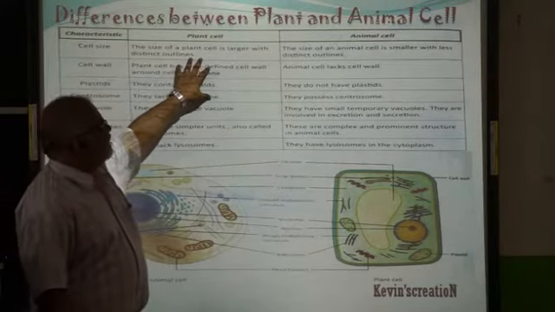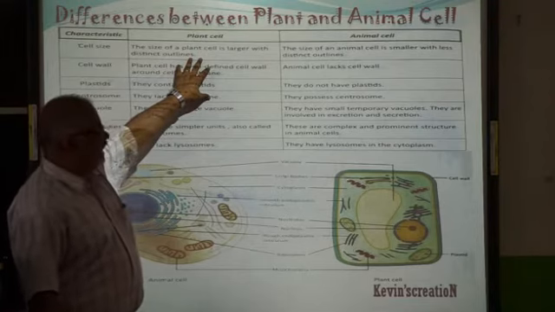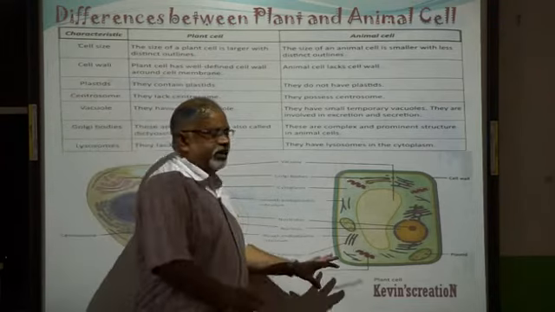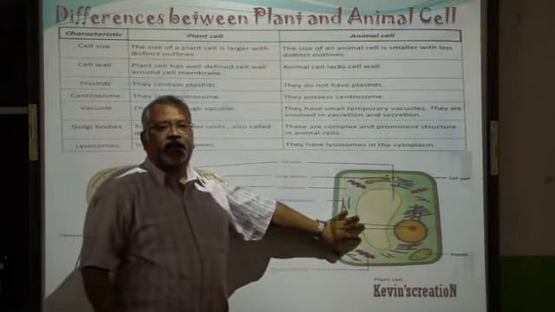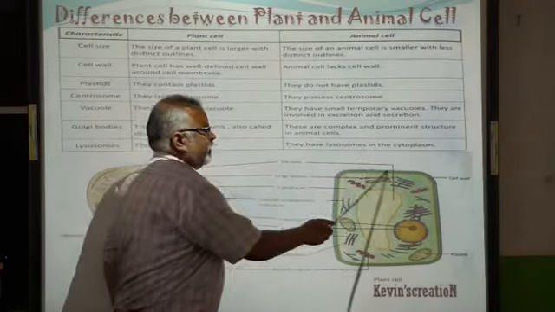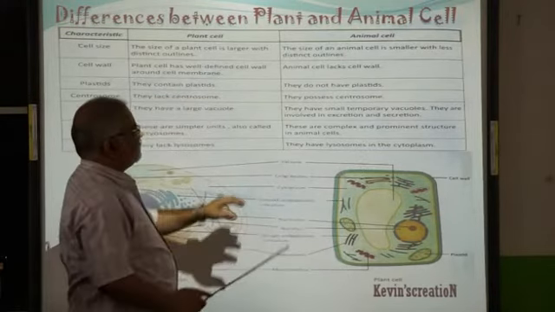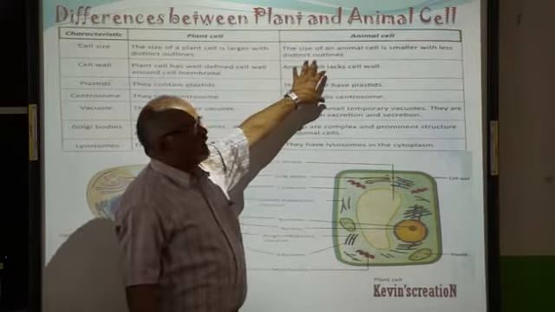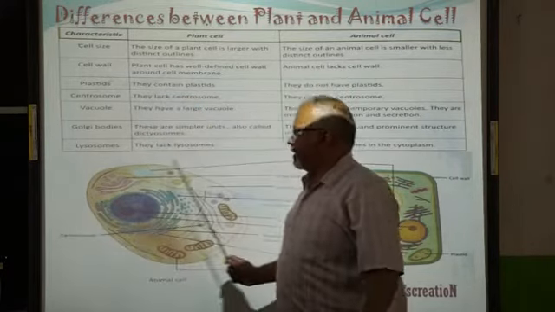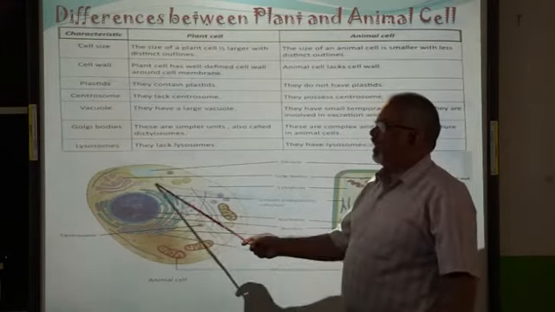The size of a plant cell is larger with distinct outlines. In this picture you cannot see, but plant cells are usually larger than the animal cells. It's very distinct. The size of an animal cell is smaller with less distinct outline.